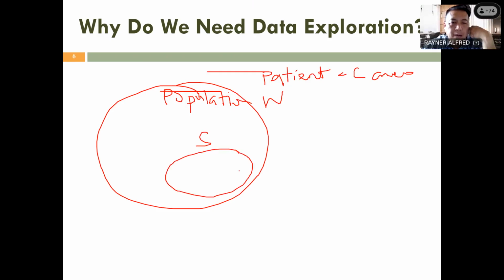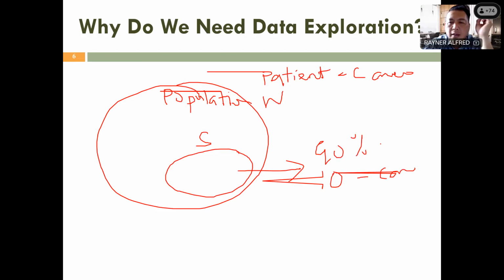So this is your sample. But it turned out that your sample here consists of 10% cancer and 90% non-cancer. So this is imbalance. And at the same time, you have 5% male and 95% female. So this is bias.